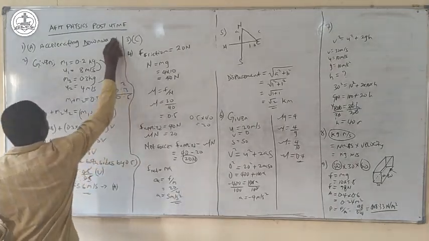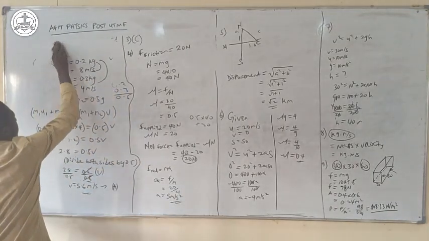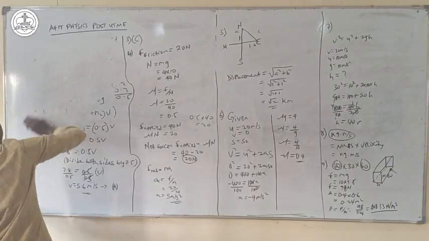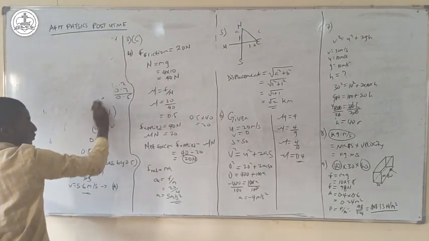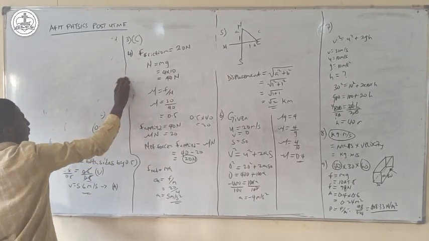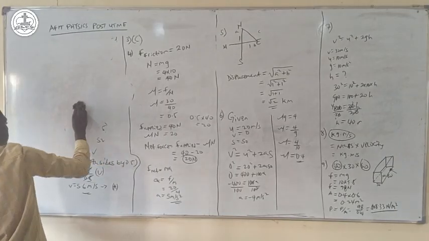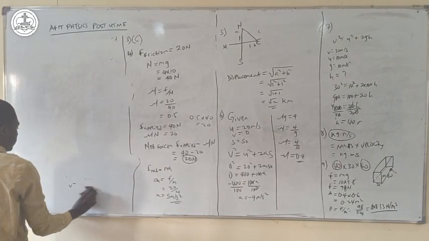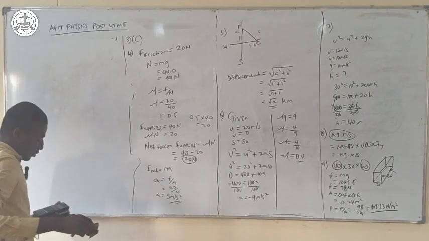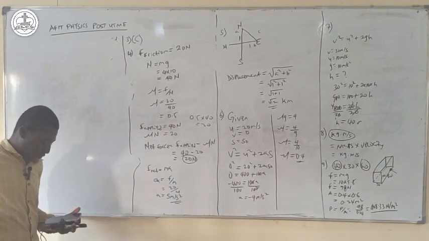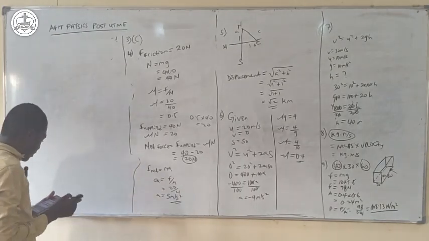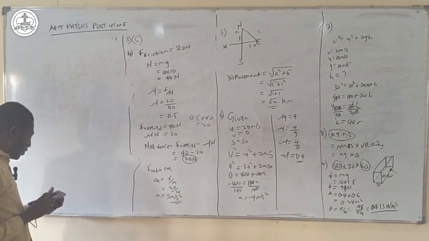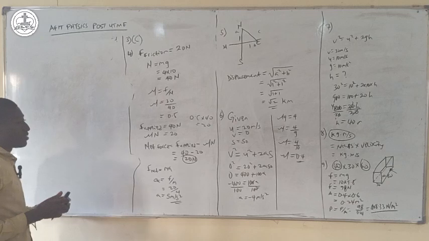Question 10 says the simple hydrometer. What happens to its mass and density as it rises?